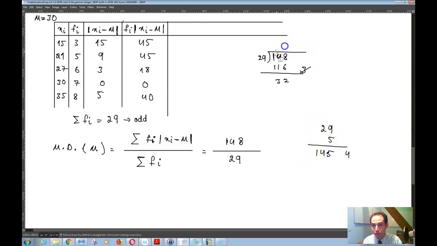Okay, so I could have actually done 5 times that. So 5 times 29 is equal to 145, remainder 3. So you can take it as 5.1.